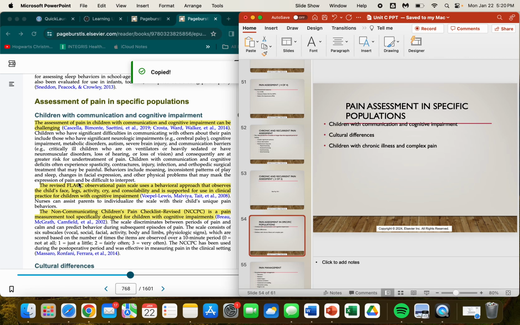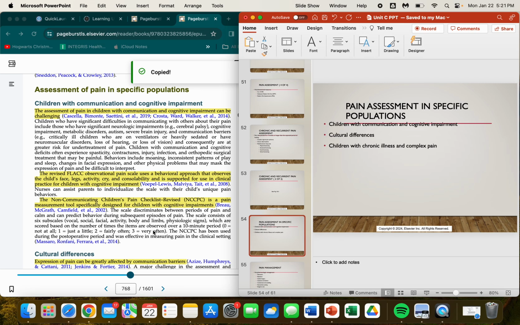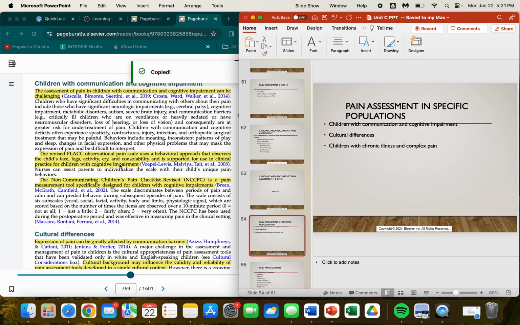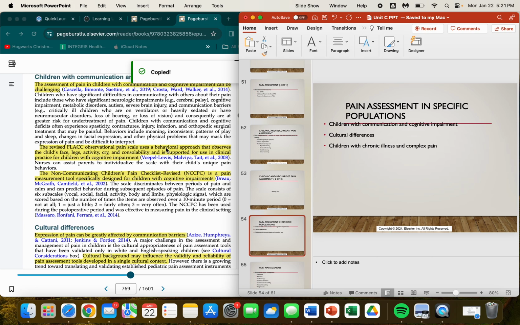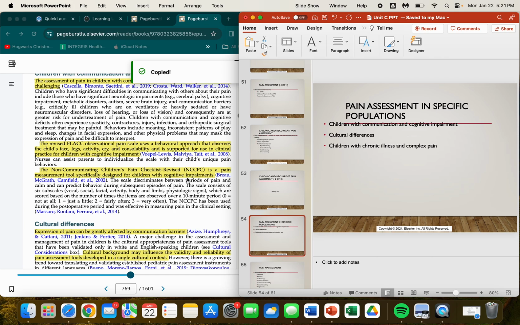The revised FLACC scale, an observational pain scale, uses a behavioral approach, including different criteria, which is usually best practice for kids with cognitive impairment. Note that the FLACC observational pain scale can be used, but the Non-communicating Children's Pain Checklist, the NCCPC, is a pain measurement tool specifically designed for kids with cognitive impairments. So those are two you could potentially use, but this one is probably best practice, the best standard for those individuals with cognitive impairment.